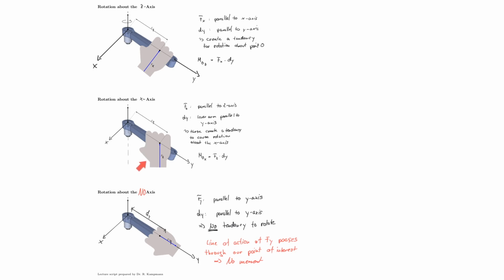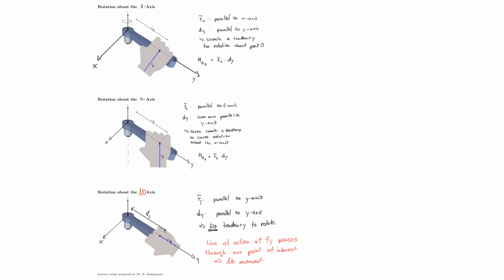And if you understand this concept here, then you understand how the components create different moments. But for now, let's take away that we always have two dimensions that create the third one, or the rotation about the third one. And more importantly, that if the line of action of a force passes through the point of interest, then we will not create a rotation.